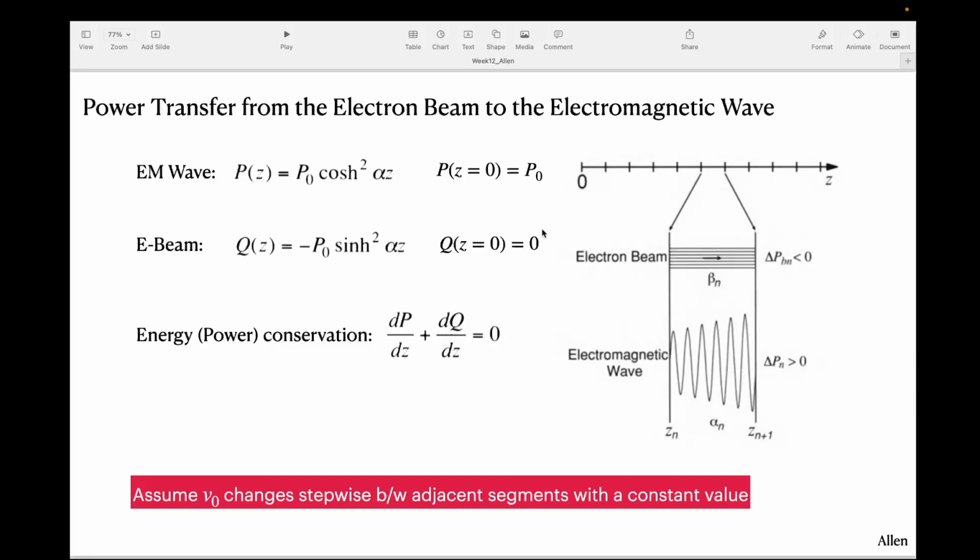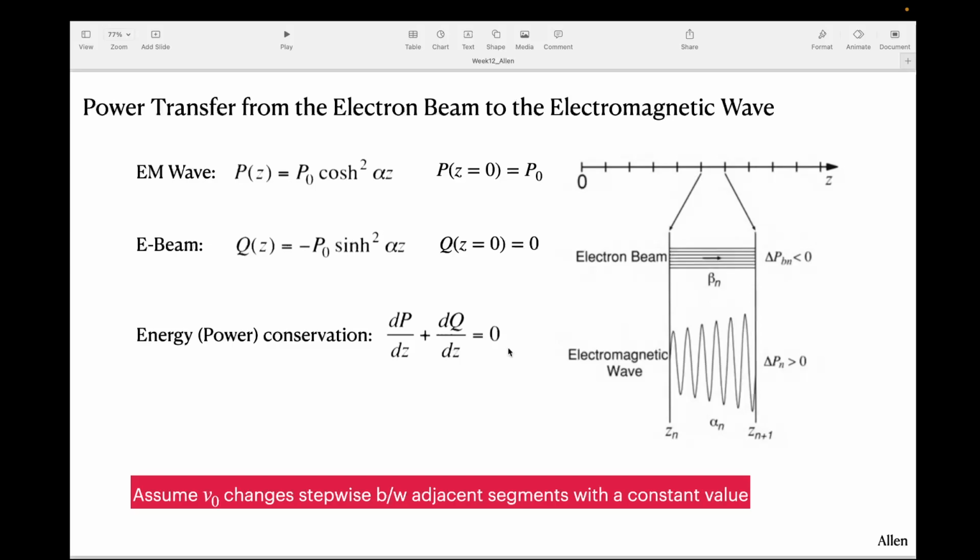It may sound weird to be 0 here, but it is intuitive afterwards, because negative power of the beam will correspond to a positive power of the EM wave. Also, by simple verification, doing the derivation and adding them together, we can find that this definition corresponds to the energy conservation. So here is the initial setup.